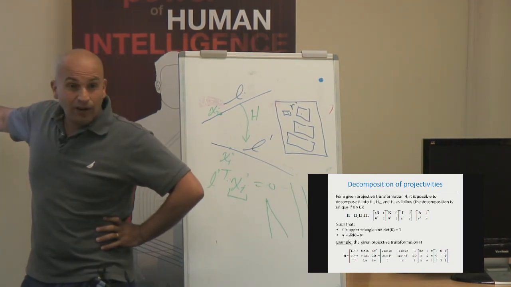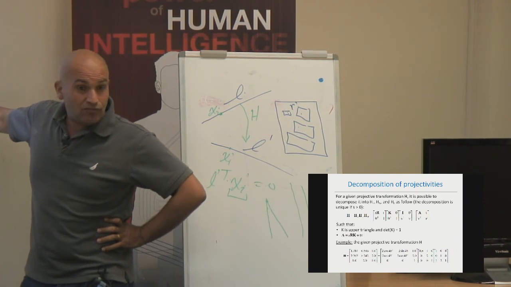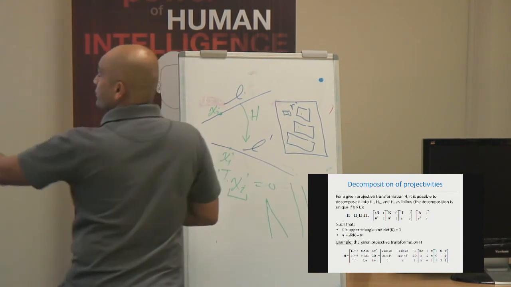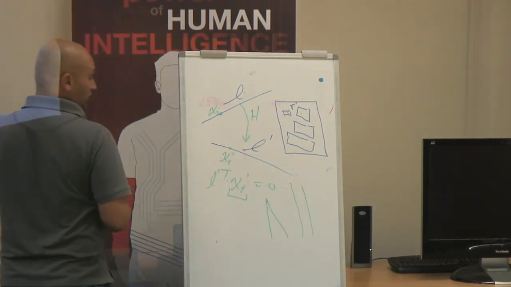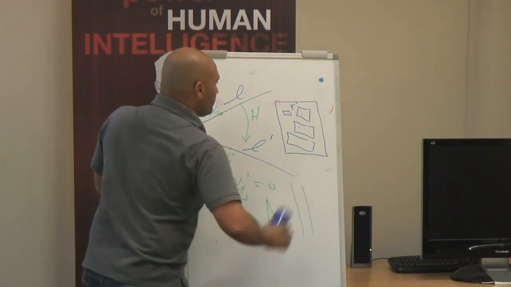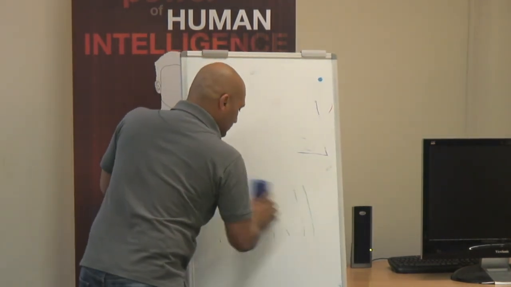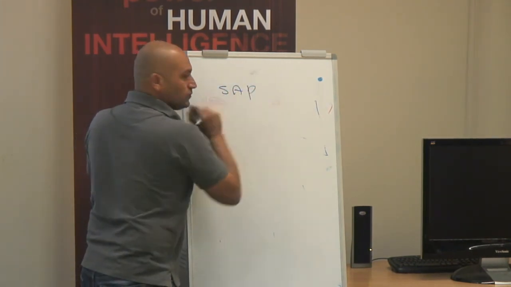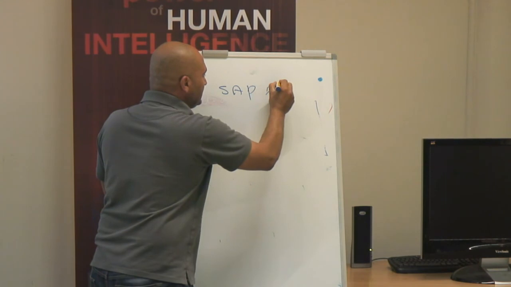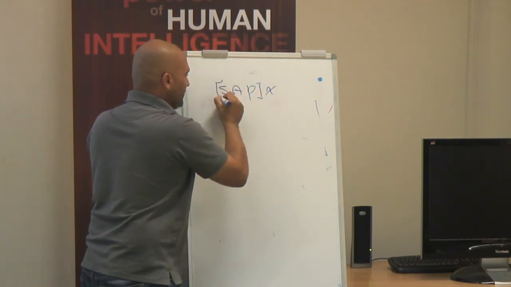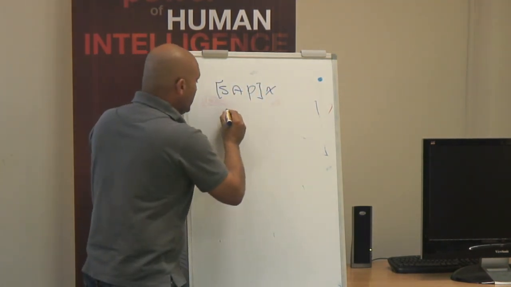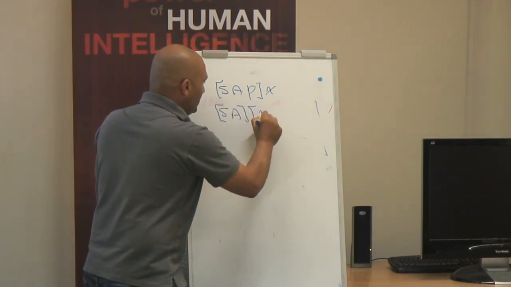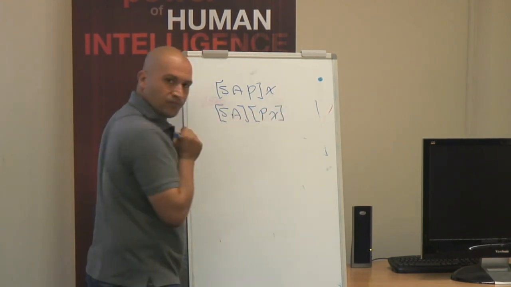Let us call the matrices S, A, and P. If I have a point x, I multiply it by this matrix: SA is one part, multiplied by Px.